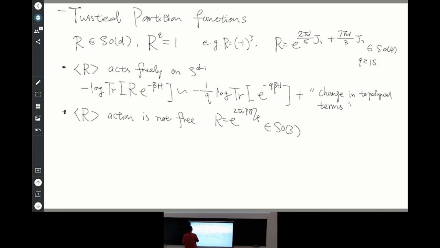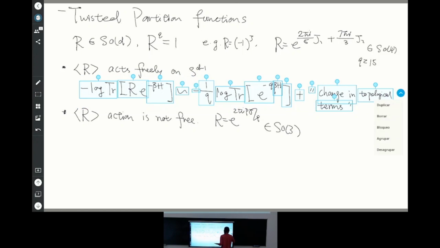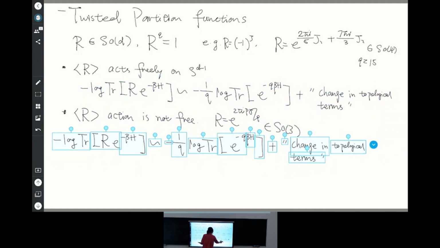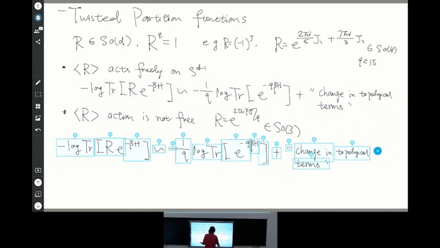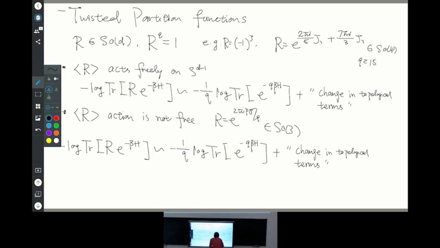In the case when the action is not free, the prediction from the thermal effective action looks almost identical, except that I have some subleading corrections, which come from what we call defect actions.